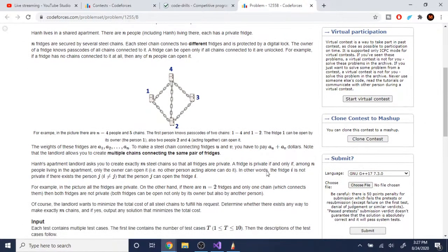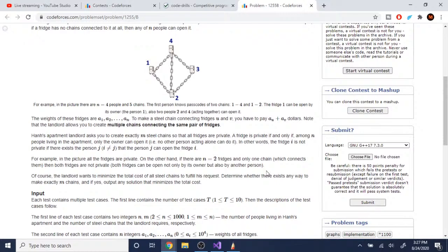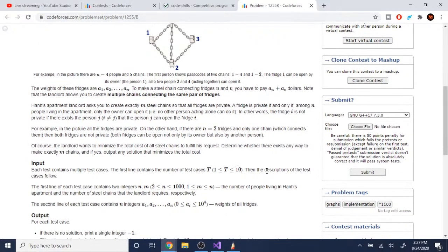Hold up. Both fridges are not only by the owner. Since the landlord wants to minimize all the costs, there's only one way to make it.